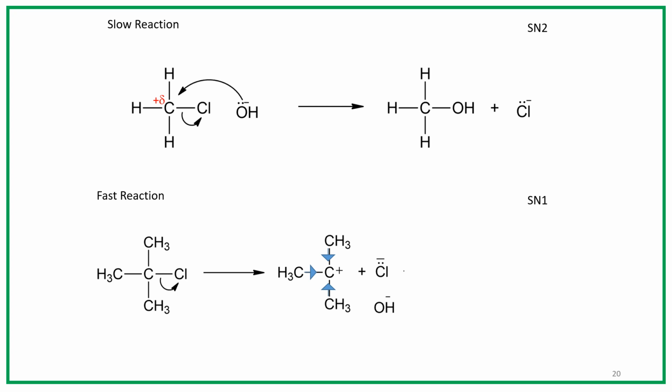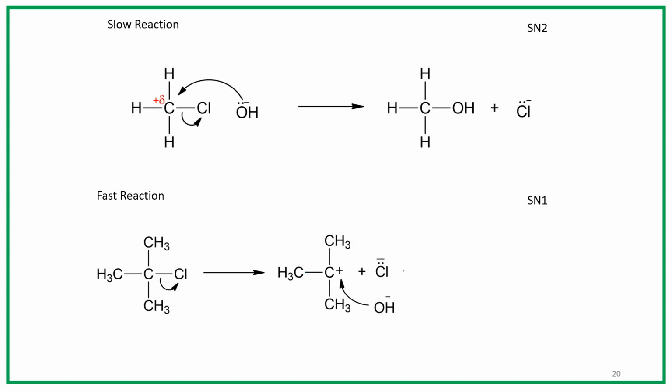But this will not take place, for example, with the previous methyl chloride, because it contains hydrogen atoms around the carbon attached to chlorine. But now CH3 groups, that means methyl groups, are attached to this carbon. Therefore, this can neutralize the plus charge, so it is a stable carbocation.